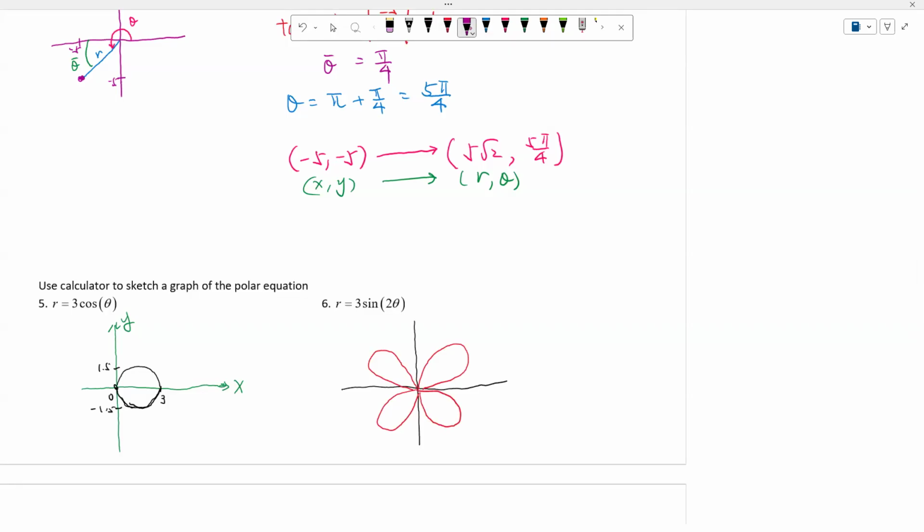And remember, in this case, the distance from here to here is actually 3 units, because it is inside a circle with the radius 3.